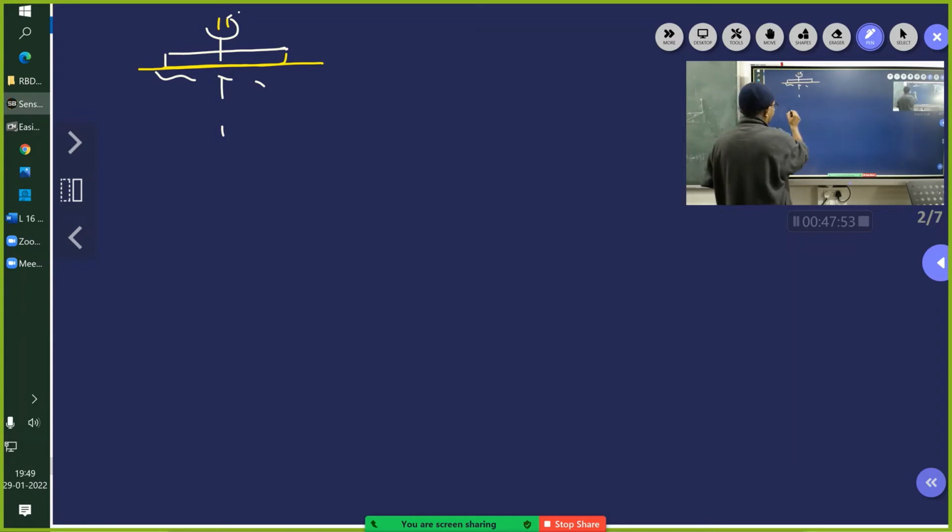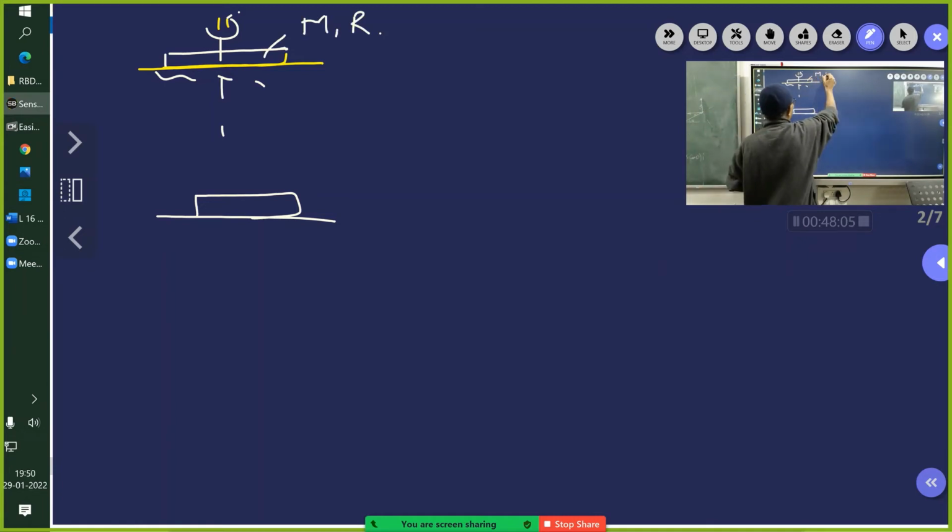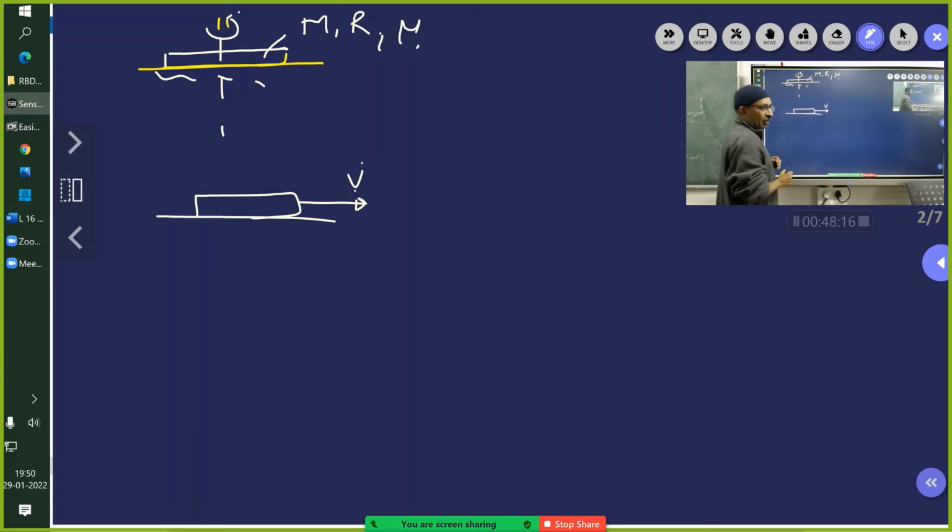See, if this disc was not rotating, with mass m, radius r, and friction coefficient mu, but only sliding, then the friction here is what?